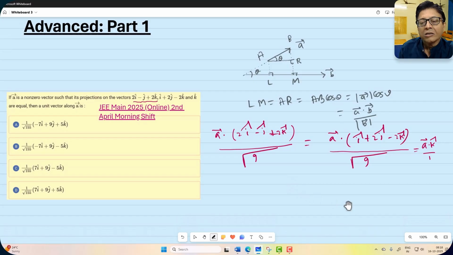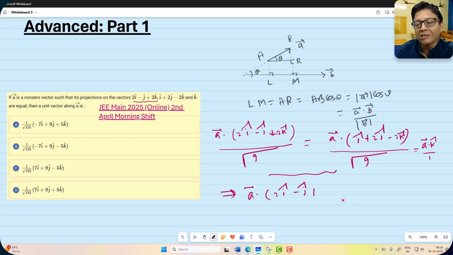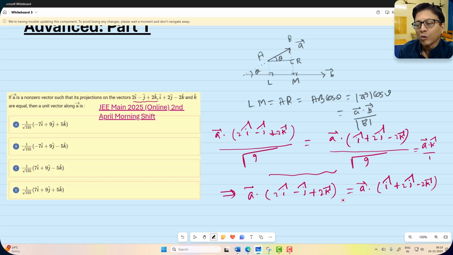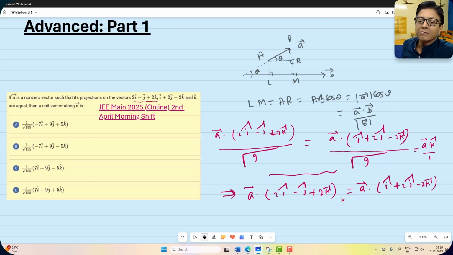Okay? So now if we take these two into consideration, it is going to be A dot (2i minus j plus 2k) equal to A dot (i plus 2j minus 2k). Now the vector A, you take it on the left side. Two ways are there.